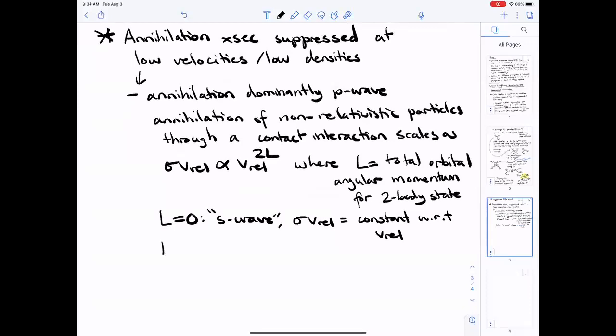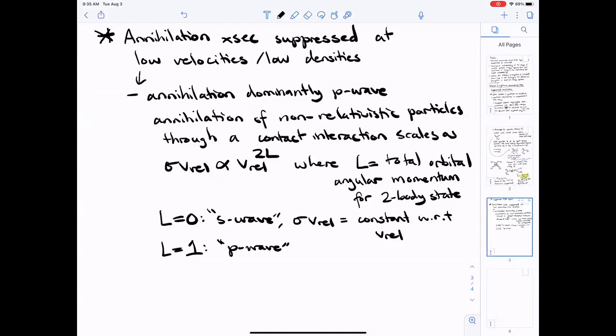Okay. And so if, on the other hand, it's L equals 1 that is dominant, then we call that P wave. You can imagine a situation where the leading order term in this expansion is L equals 2 or L equals 3, which would mean that the L equals 0 and L equals 1 terms both have to be 0.